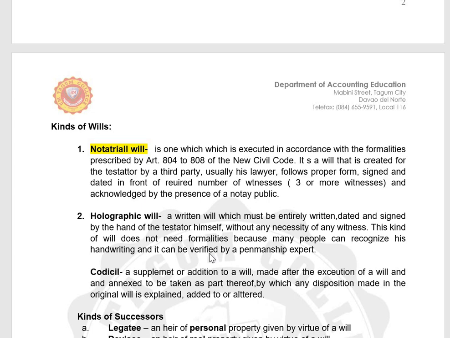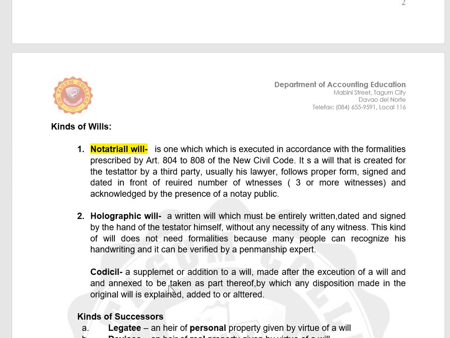So this kind of will does not need formalities because many people can recognize his handwriting. Dapat ma-verify na handwriting yun ni testator and it can be verified by a penmanship expert. So in summary, it is a will which is entirely written, dated, and signed by the hand of the testator himself.